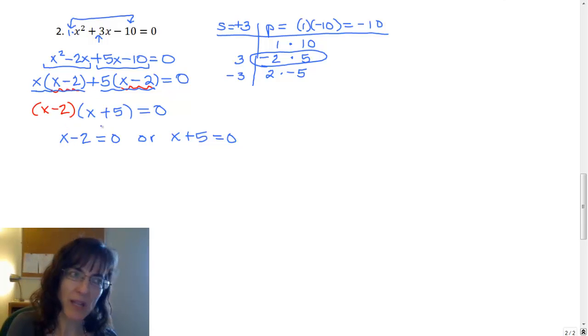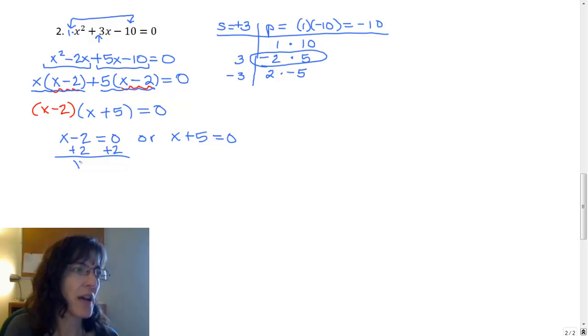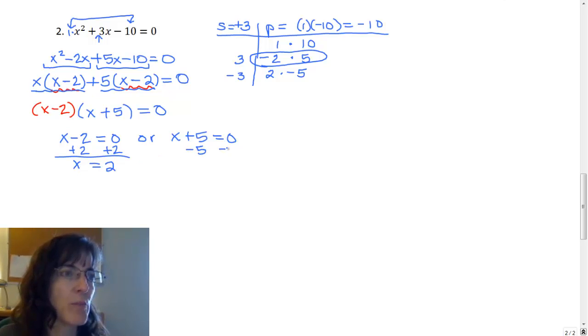So we just go ahead and set each factor to 0 and solve our little equations and find out what will make that happen for us. So we'll add 2 to both sides here. I want to get that x by itself, so I have x equals a positive 2. Subtract 5 from both sides here, and I have x equals a negative 5. So I have 2 solutions, x equals 2 or x equals negative 5.